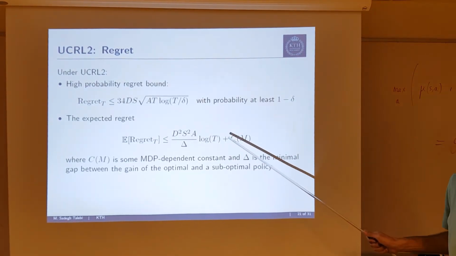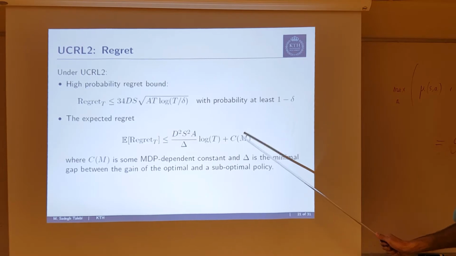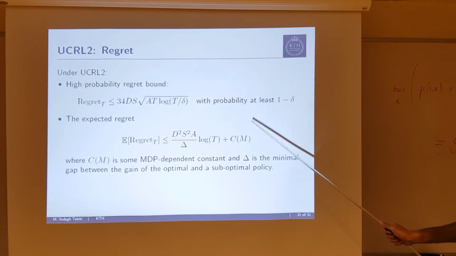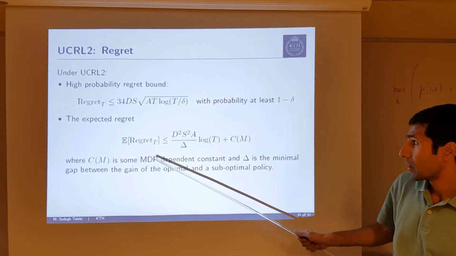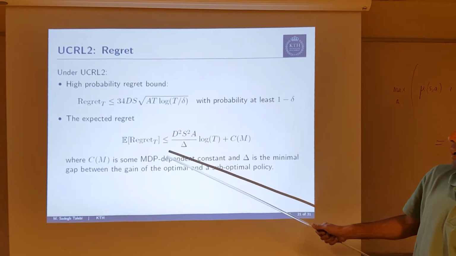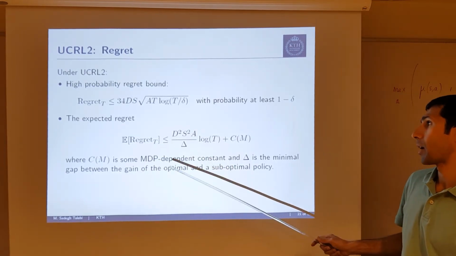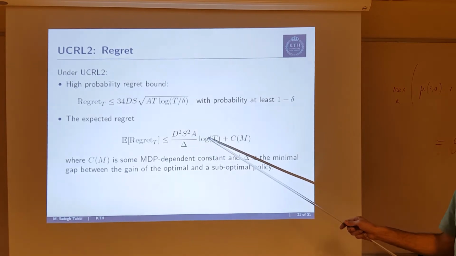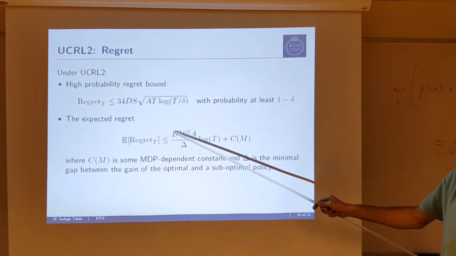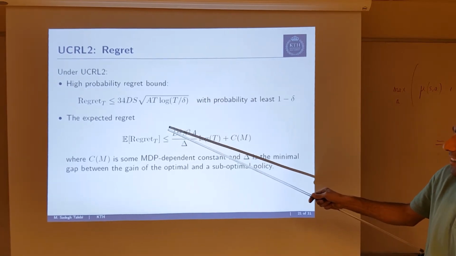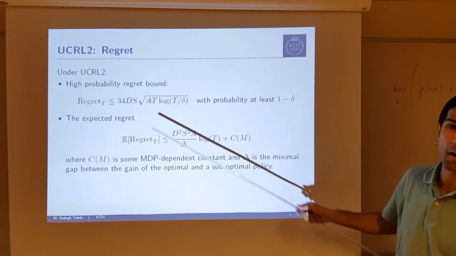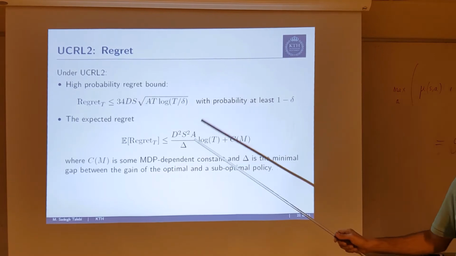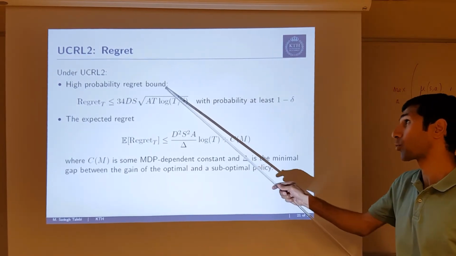These include mixing times and so on, but these are finite anyway. The regret is upper bounded by D squared S squared A divided by delta log T. Here there is a missing constant, I forgot, but it is 34 to the power of 2. So it's a big constant, but this is not a square root of T.